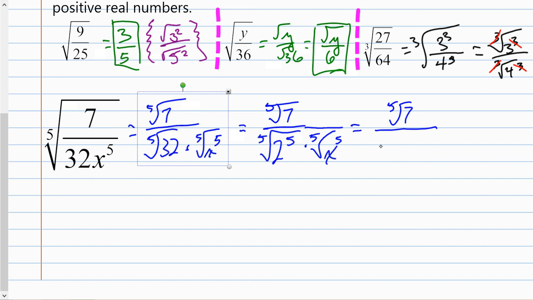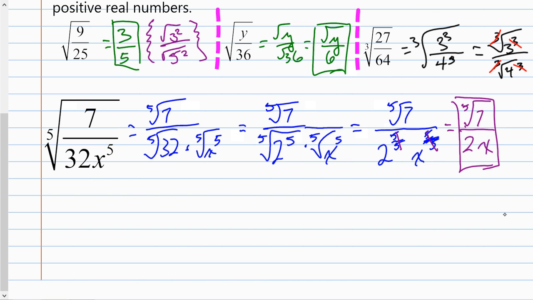But we might like to think of this as 2 to the 5/5 and x to the 5/5. And if I do that, then that cancels to a 1 and that cancels to a 1. And my final answer is the 5th root of 7 over 2x.